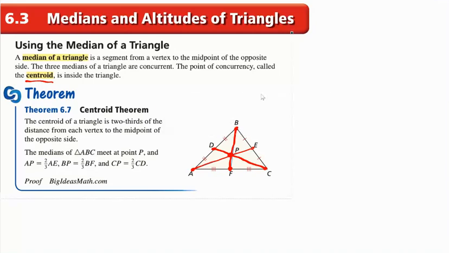Now, the centroid has a property, and that's what the centroid theorem is telling us about: the centroid of a triangle is 2/3 of the distance from each vertex to the midpoint of the opposite side. So what does that mean? If we look at this graph, from B to F, that's the whole median.